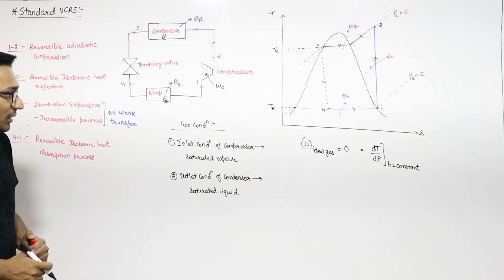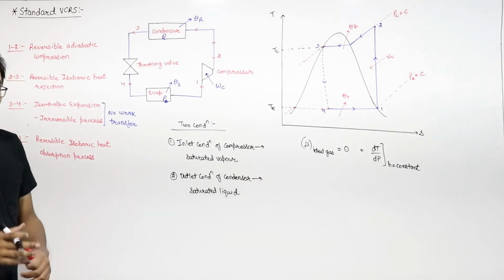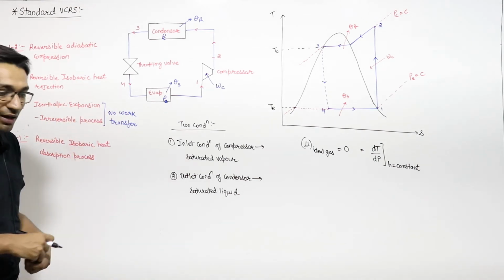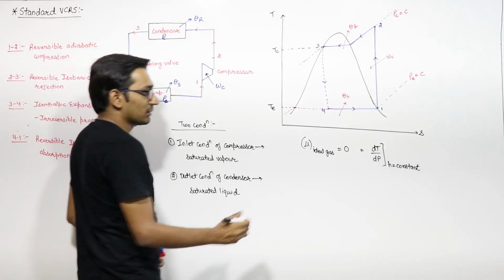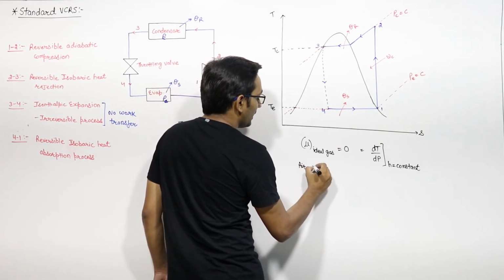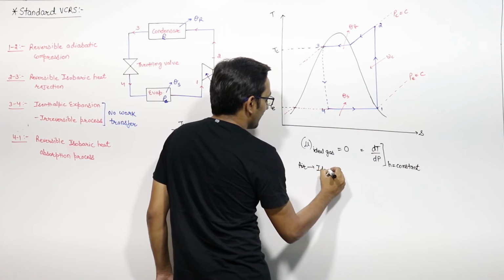Now, if you remember, in the gas refrigeration system, the most common refrigerant which we are using is air. And in that case, you know that air can be treated as an ideal gas.